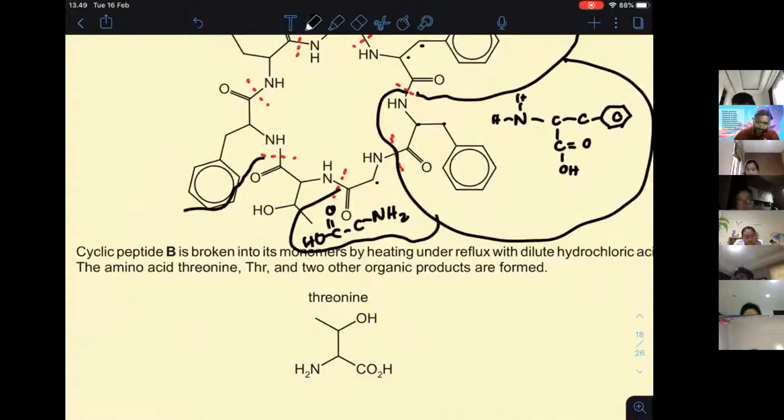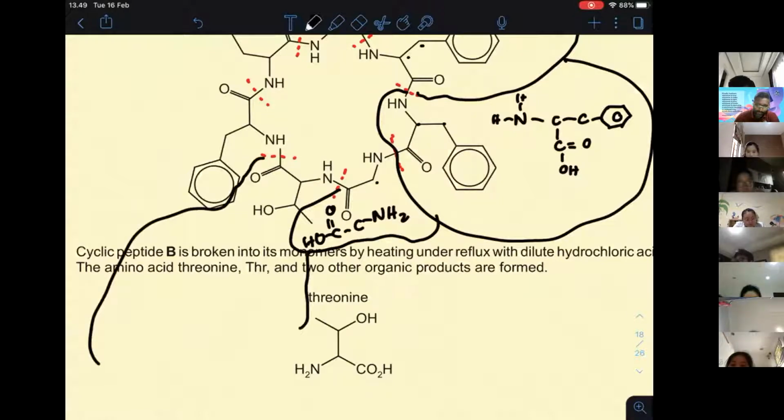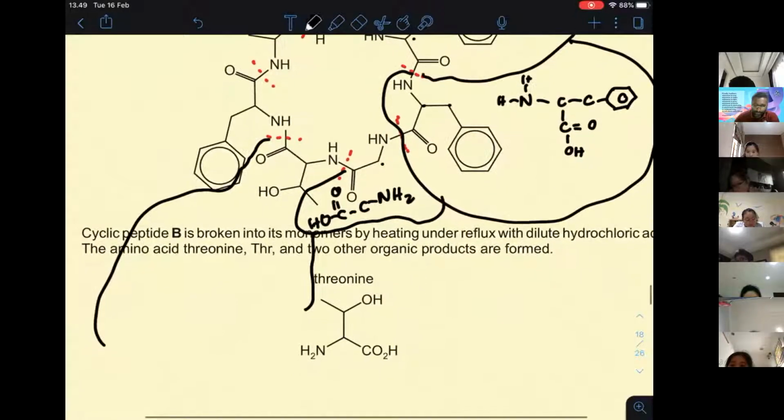For this one, I have C double bond O, OH, then bonded to another C, and this C bonded to NH2.